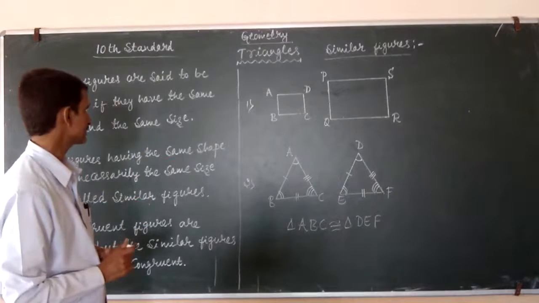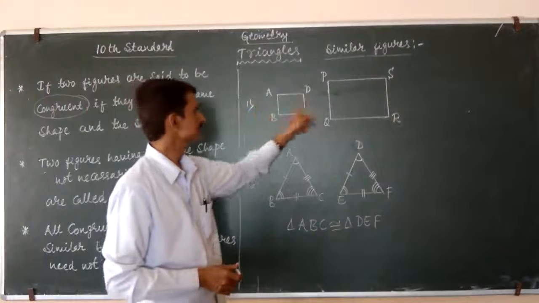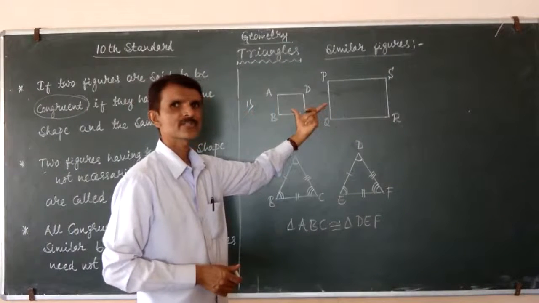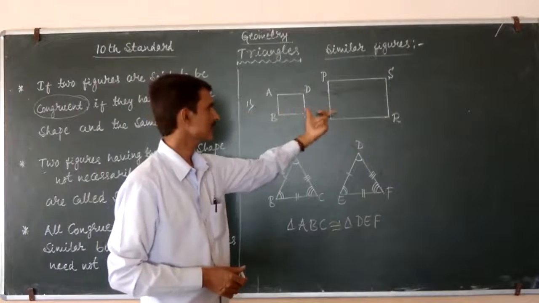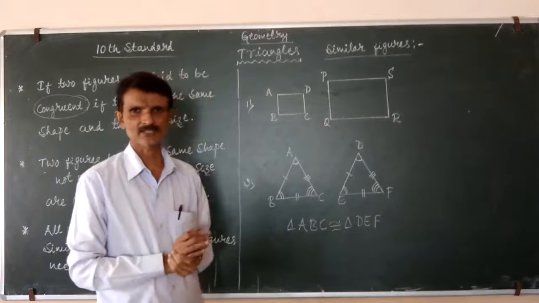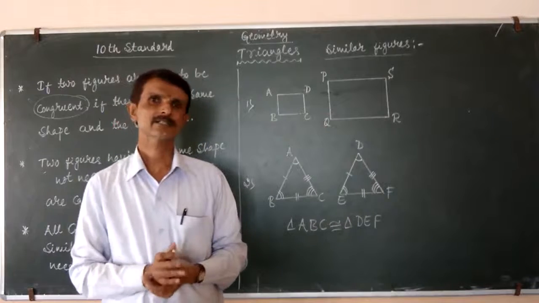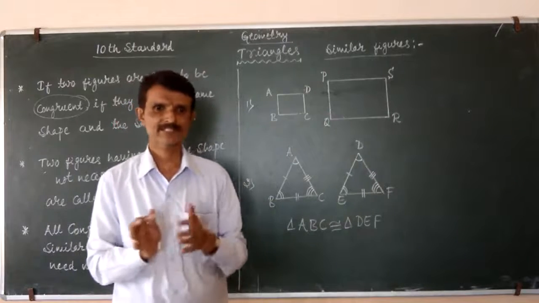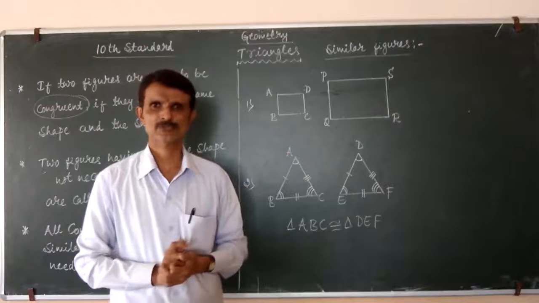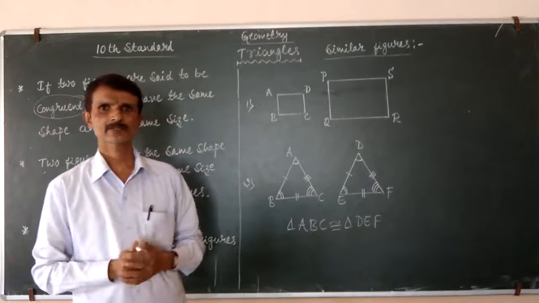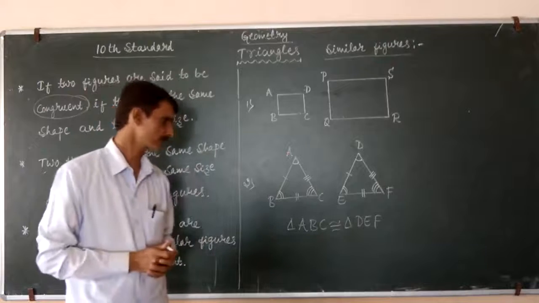They have the same shape, but are not the same size. At home you have observed the different sizes of your family photos. So you can give that example also.